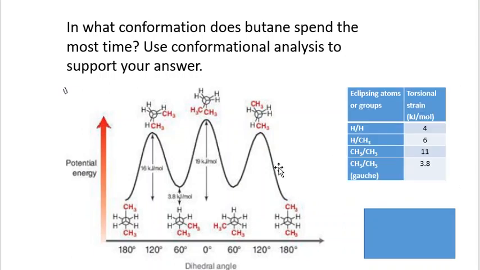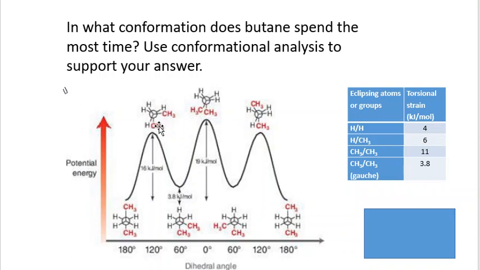And so what you would do if you were trying to figure out why this is 16 kilojoules per mole is you'd say, well, look, there's one hydrogen-hydrogen eclipsing interaction, that's 4, and then there's 2 of these hydrogen-methyl, and each of those is 6, so that's 12 in all because there's 2, one here and one here.